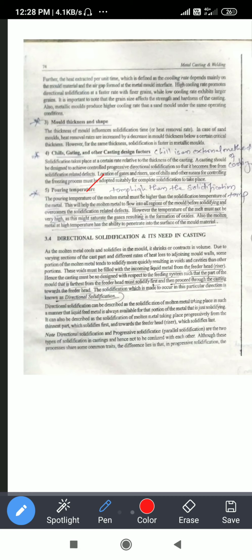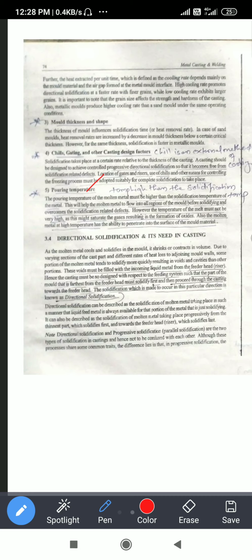So the casting should be designed so that the flow from the reservoir, the feeder or riser, is continuous and supplied to the cavity.